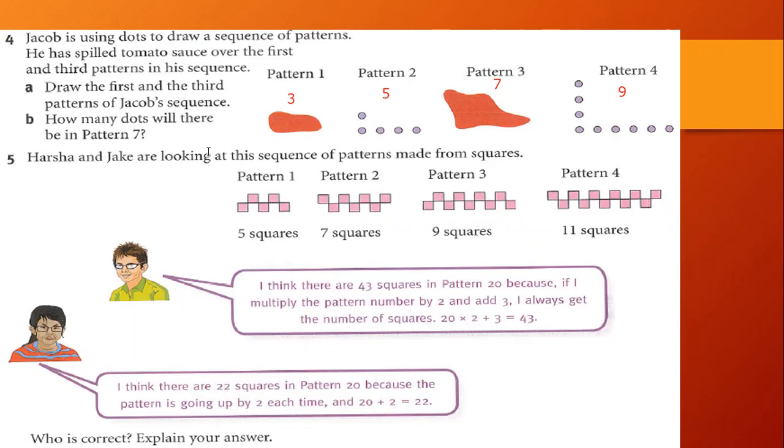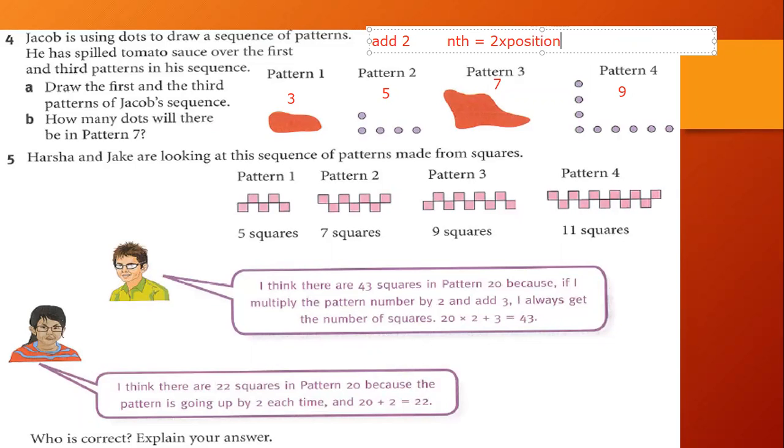So it means the term-to-term rule is add 2. Okay, so he asks, what is your position-to-term rule? The nth term is equal to what? Any number that you write here, and 2 multiplied by position.